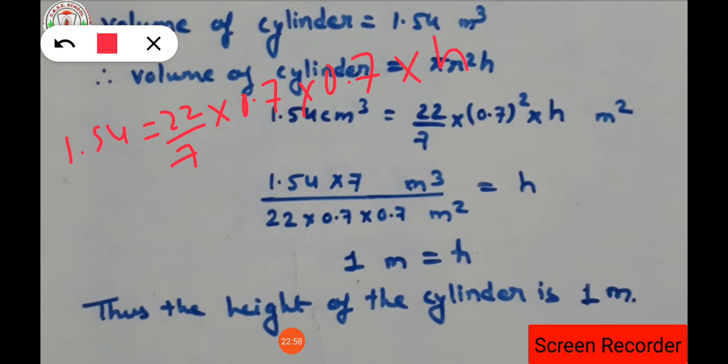Now here, what we have to do is bring everything from the right hand side to the left hand side, or you can directly multiply as given on the screen.